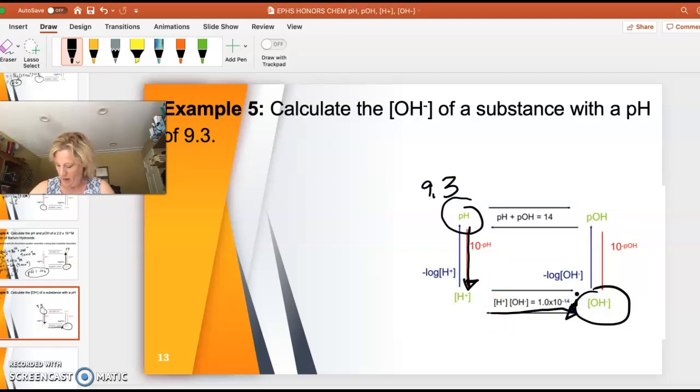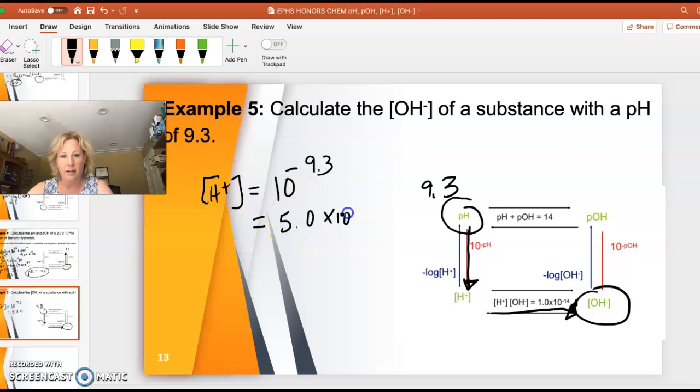So anyways, I know the pH is 9.3, so I can calculate the hydrogen ion concentration first, even though they don't ask me for it, but I need it. So that would be 10 to the negative 9.3. When I put that in, I will get 5.0 times 10 to the negative 10th molarity. So that's me right here with the hydrogen ion, but they don't want that. They want the hydroxide ion.